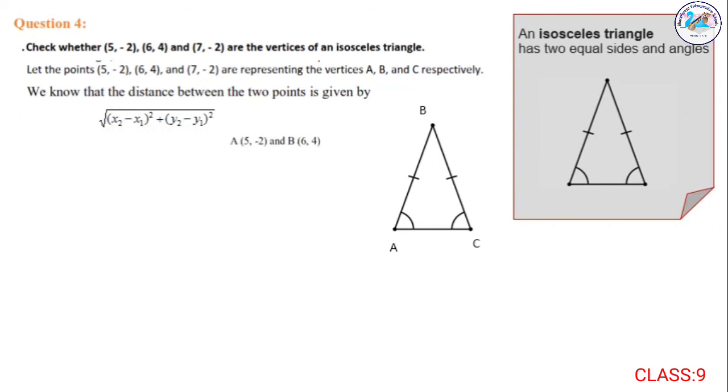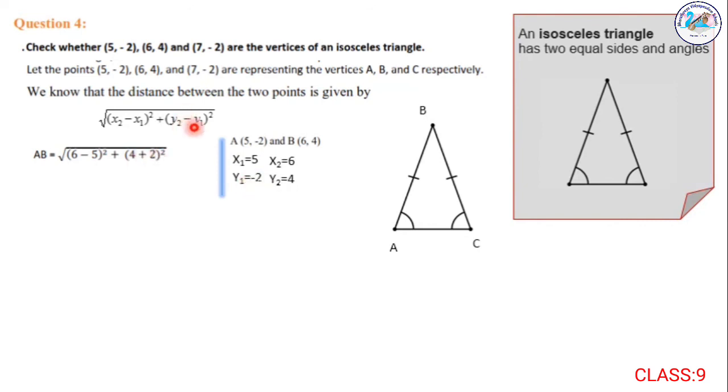Then we first calculate AB, that is A (5, -2), B (6, 4). Write it as x1, y1, x2, y2: x1 is 5, y1 is -2, x2 is 6, y2 is 4. Substitute it: x2 minus x1 means (6 minus 5) the whole square plus y2 minus y1. y2 is 4, y1 is -2, so 4 minus (-2) becomes plus 2.